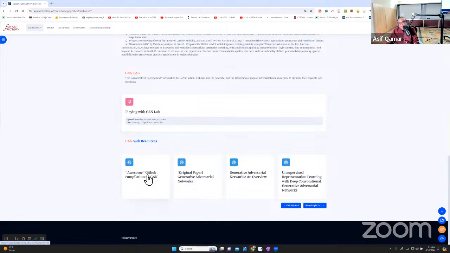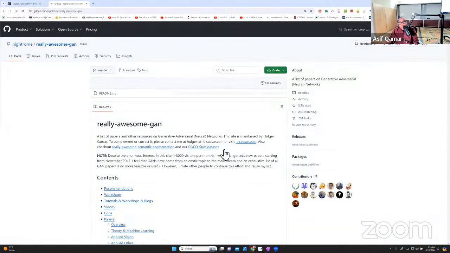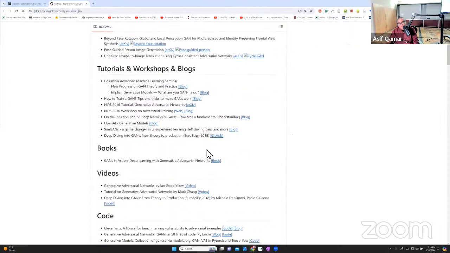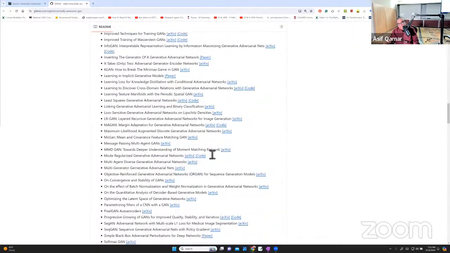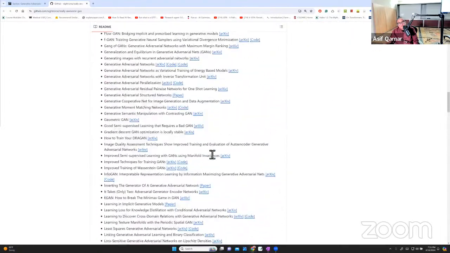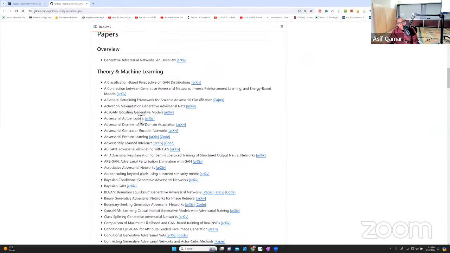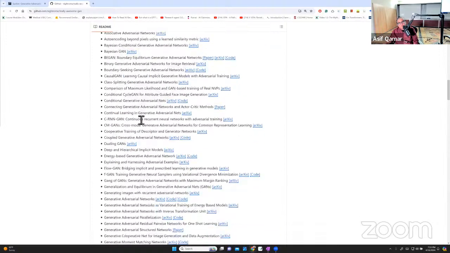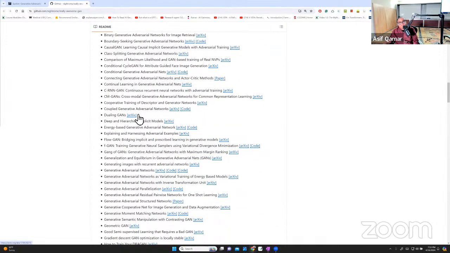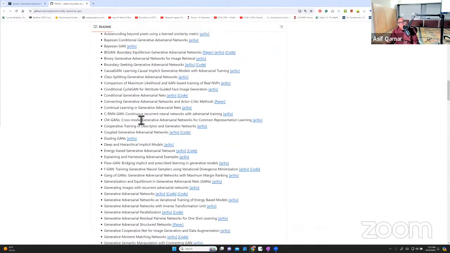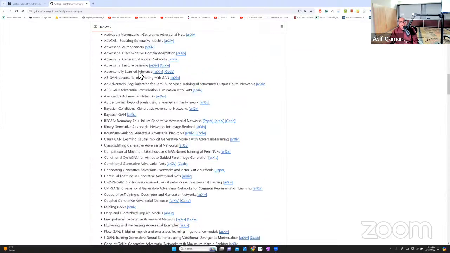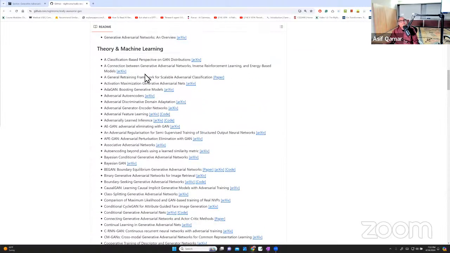So anyway, some resources. GAN is a big, big topic. If you look at just the number of GANs that are available, do you realize that there are all sorts of things? Flow GANs, dueling GANs, CRNN GANs, causal GANs, DC GANs, right?